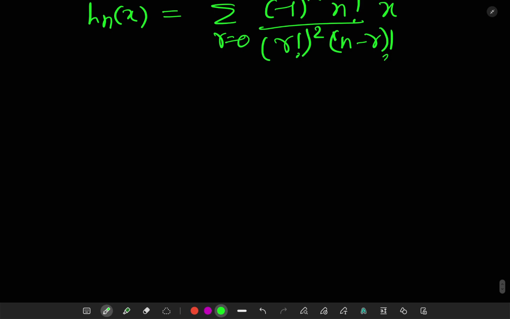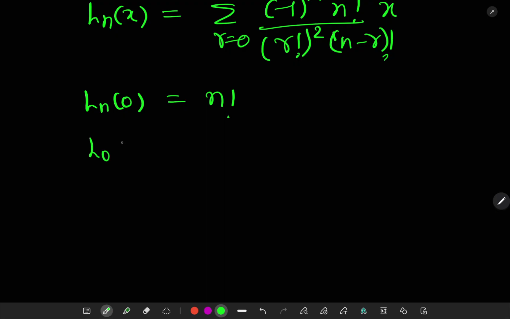Now Laguerre function for different values of n: at x equal to 0, the Laguerre function becomes factorial n.